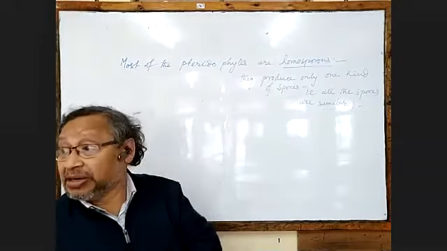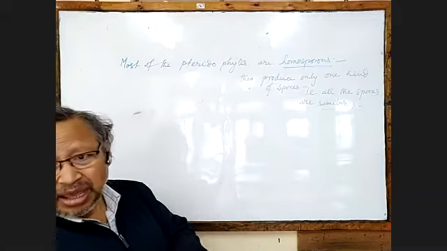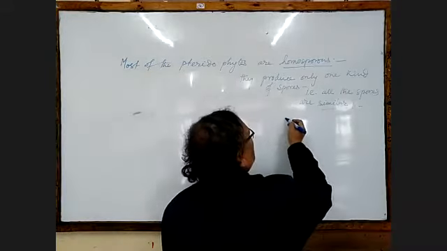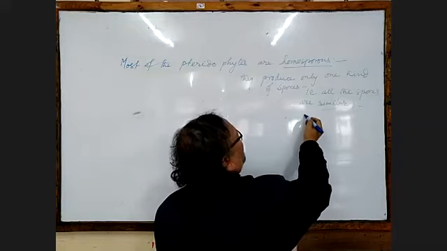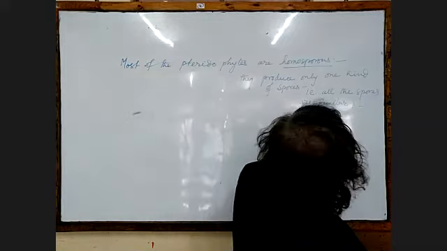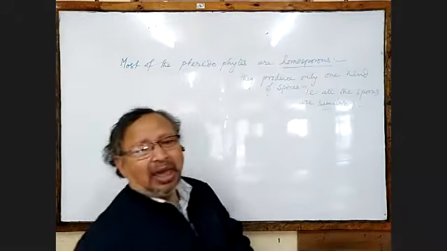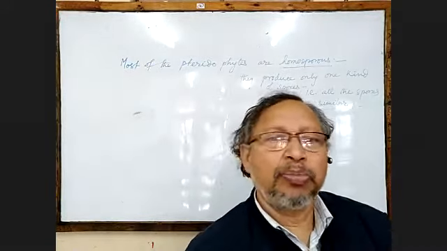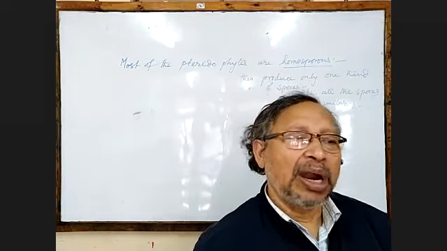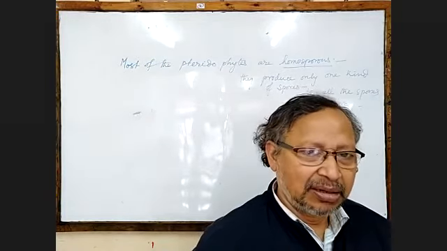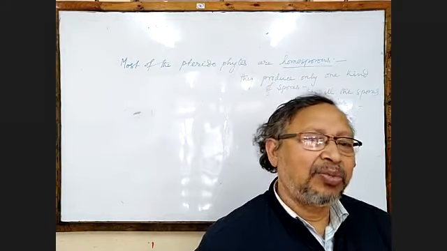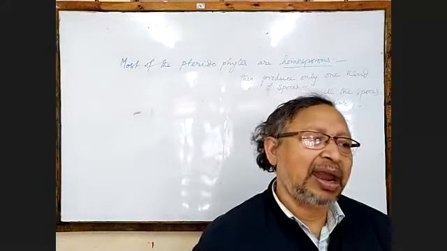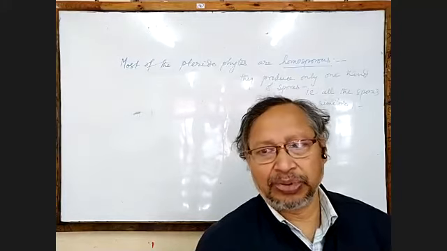Most of the ferns and the lycopodium are homosporous, and they produce their spores. They produce one type of gametophyte, and within the same gametophyte, antheridia and archegonia are produced.